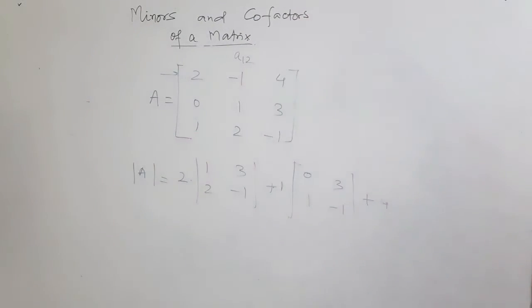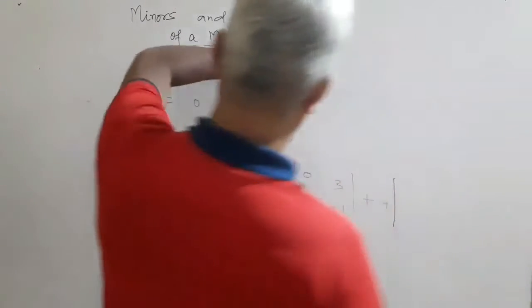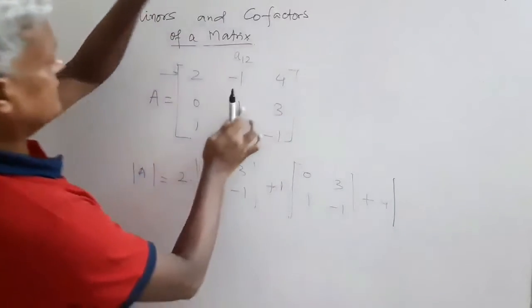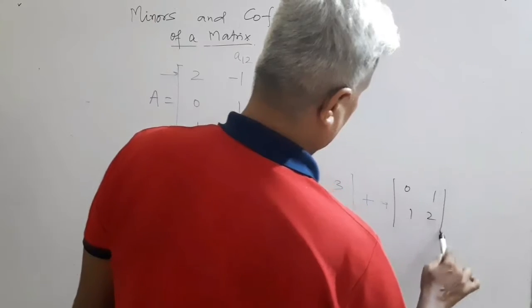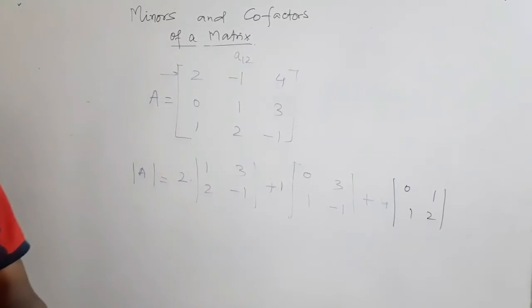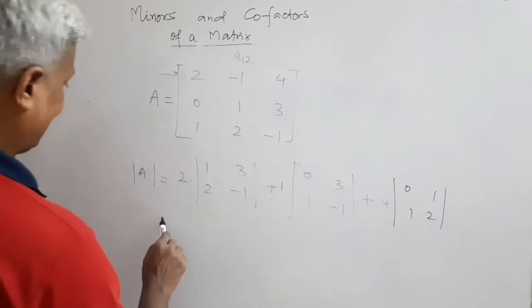And if you cover this 4 here, then what you get? 0, 1, 1, 2. Now I find the value.